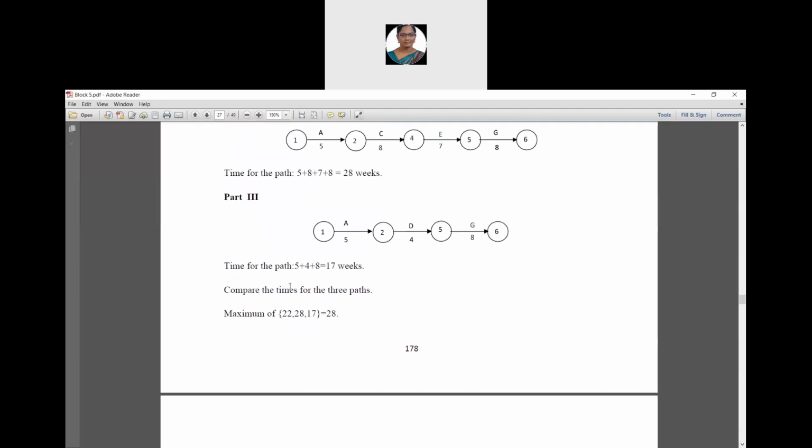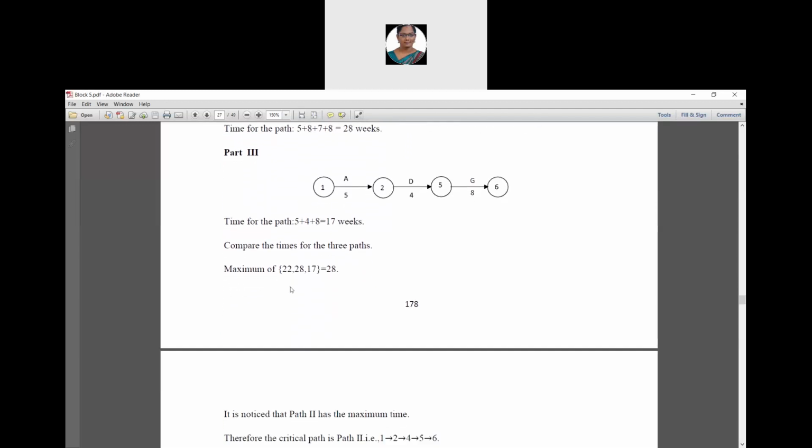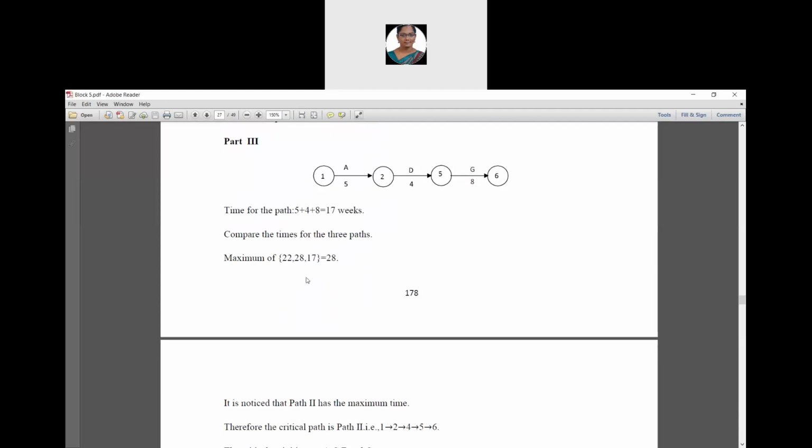Then path 3. It starts from the starting node 1 and it has an activity A and its corresponding time duration is 5. Then 2 to 5 is there. Its activity is D and time duration for this is 4.